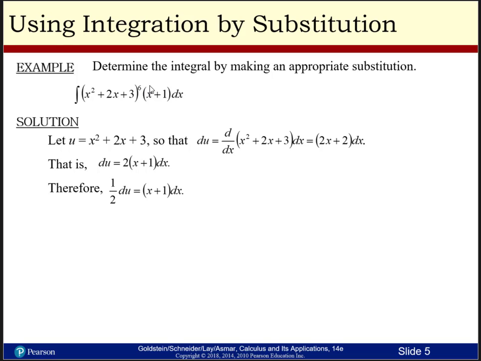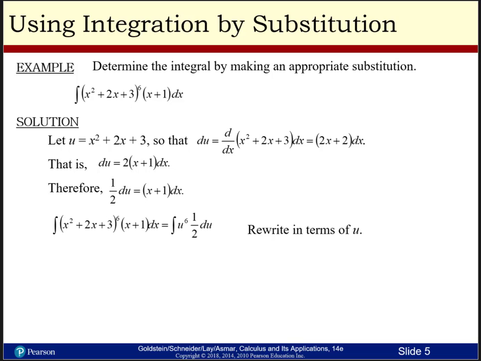I have that x plus 1. So what I'm going to do is make it look like that because I want it to read x plus 1 dx. So I'll divide both sides by 2, and so I have 1/2 du is x plus 1 dx. I'm going to take this right here, this x plus 1 dx, and I'll substitute in for it 1/2 du.